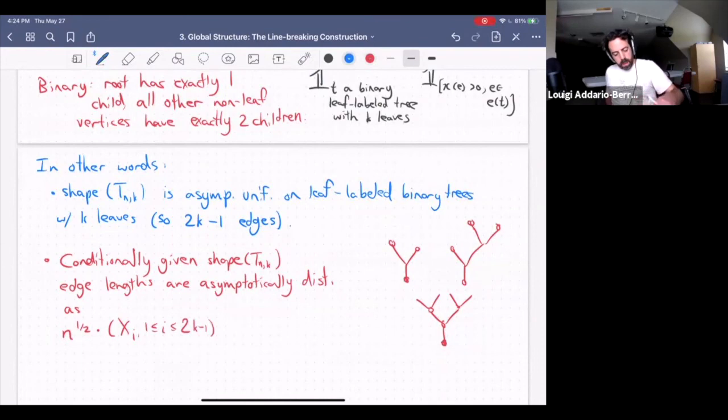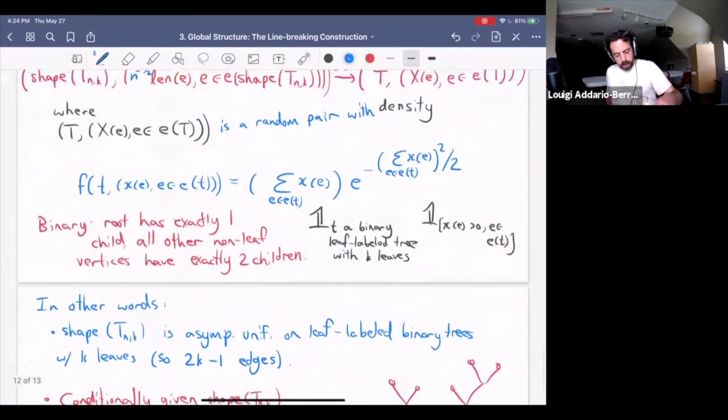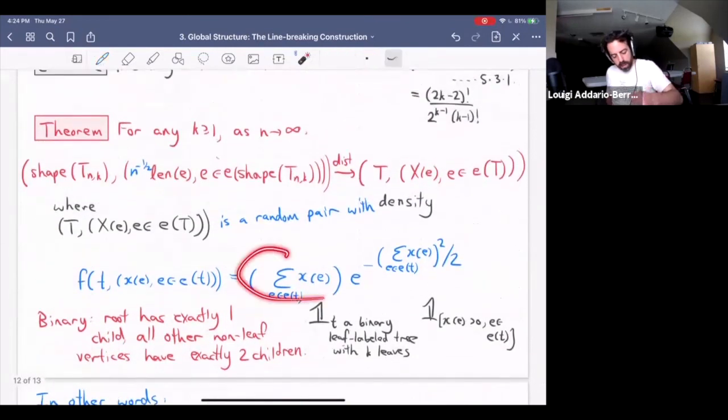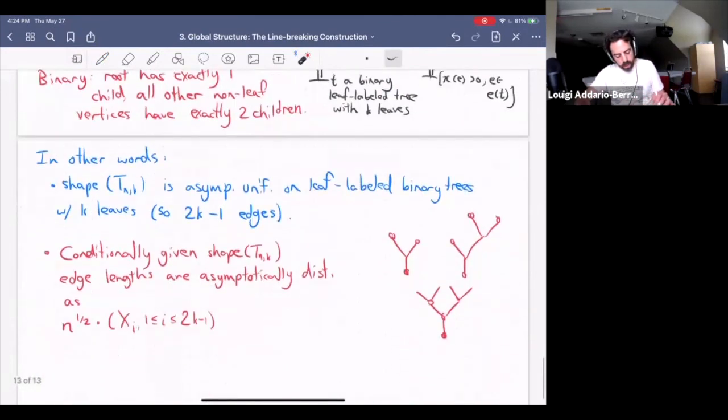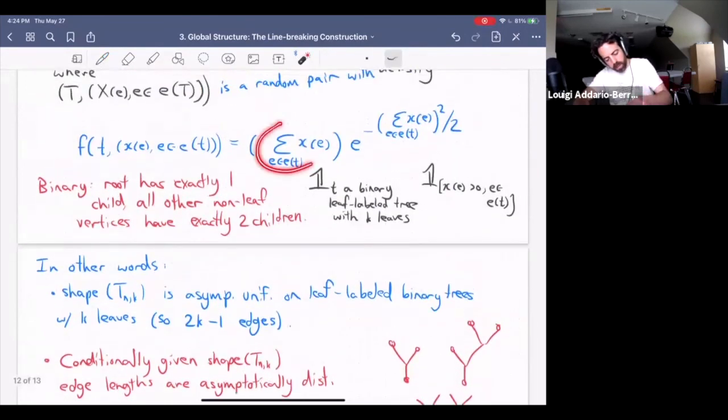The joint density of the xi is given here, and someone made a comment about how this suggests that the edge lengths are independent of the tree shape. That's exactly right. If I tell you what the tree is, it doesn't change the density of the edges.